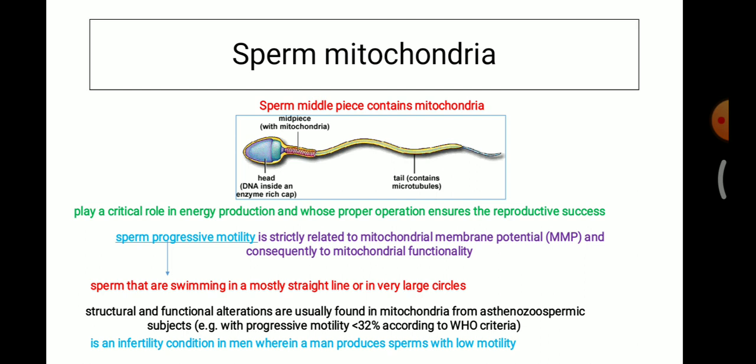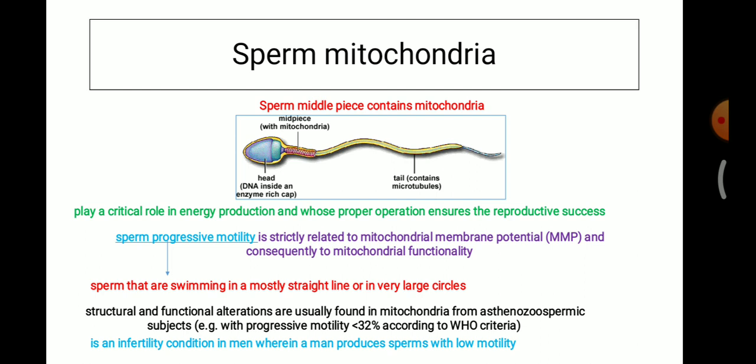These mitochondria play a critical role in energy production, and their proper operation ensures reproductive success. Sperm progressive motility is strictly related to mitochondrial membrane potential and consequently to mitochondrial functionality.